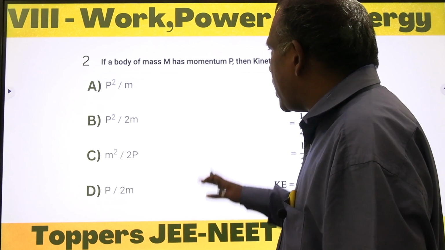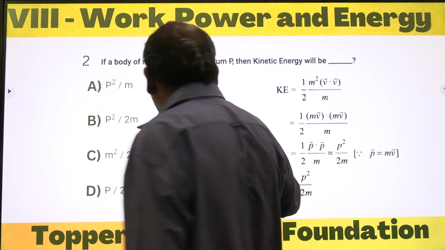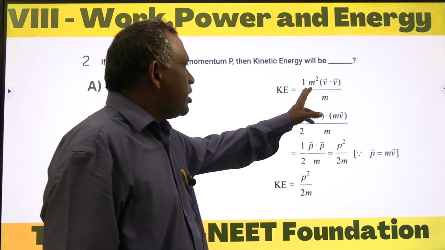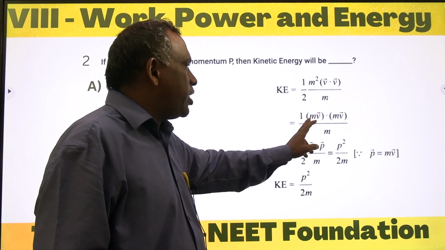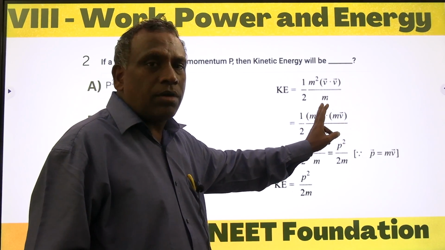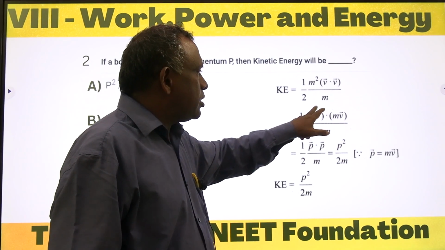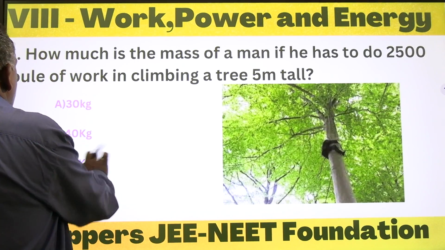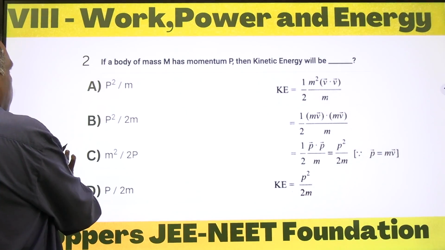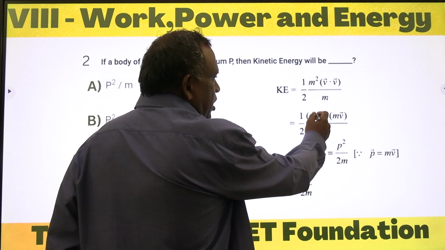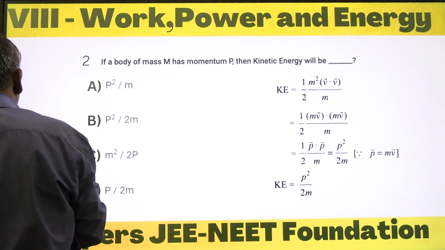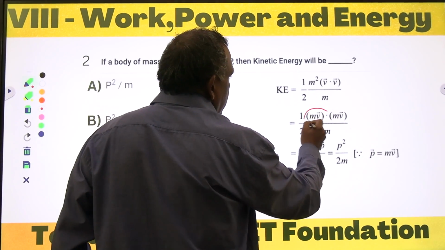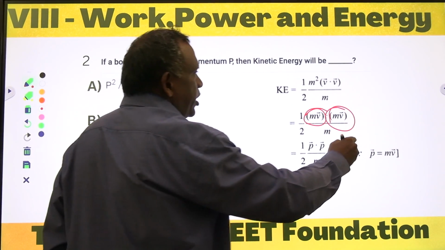Here, kinetic energy is half mv square. You can write it as mv into mv, where mv is nothing but the momentum.